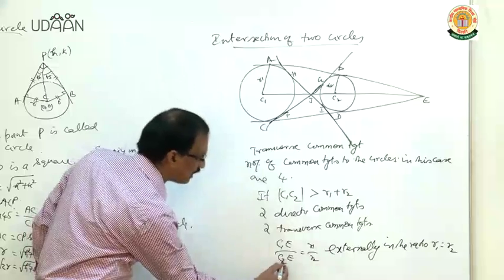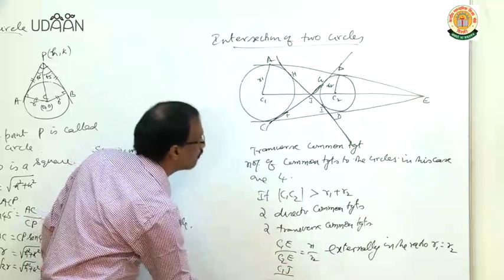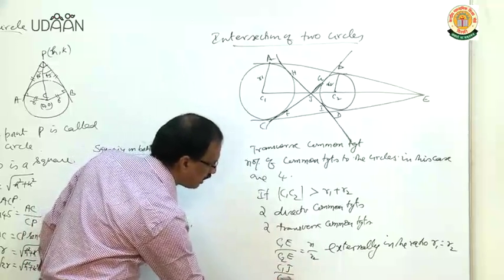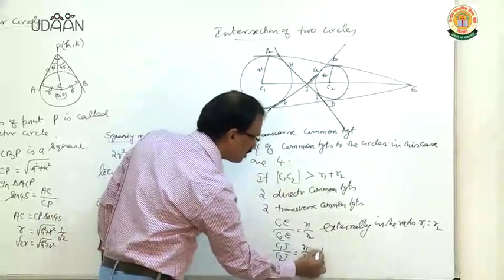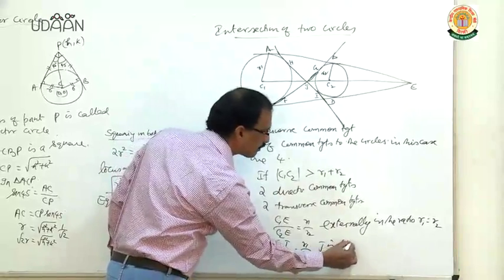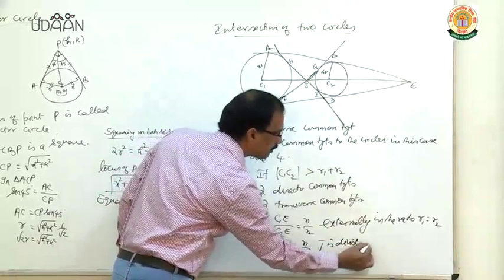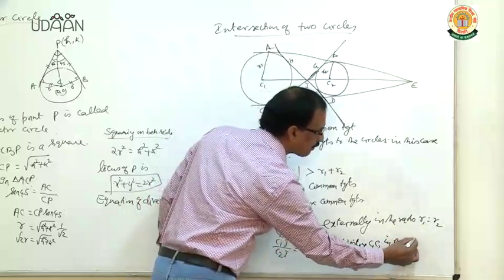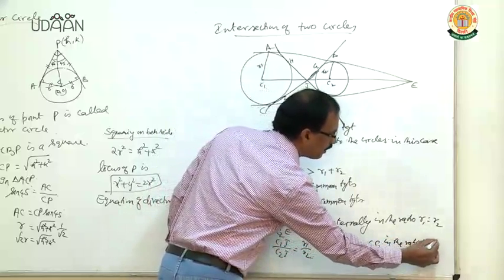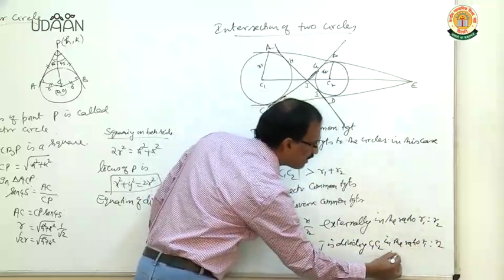So we can say that C1J by C2J equals R1 by R2, that means J is dividing C1, C2 in the ratio R1 is to R2 internally.